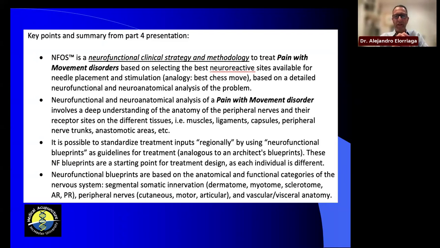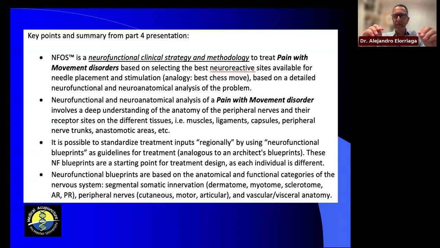That's why I call that systemic regulatory inputs, and they are not segmentally neurologically connected to the problem. And each of these groups of inputs can be studied, should be studied in detail.